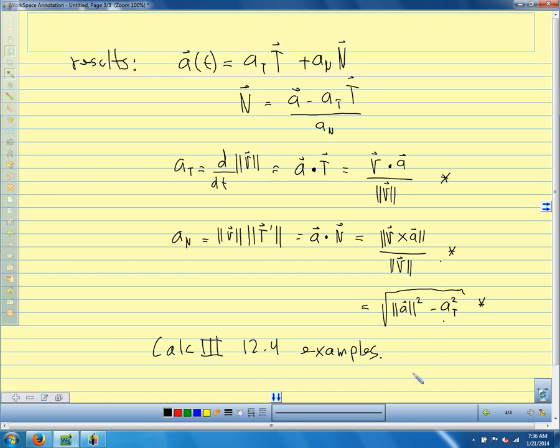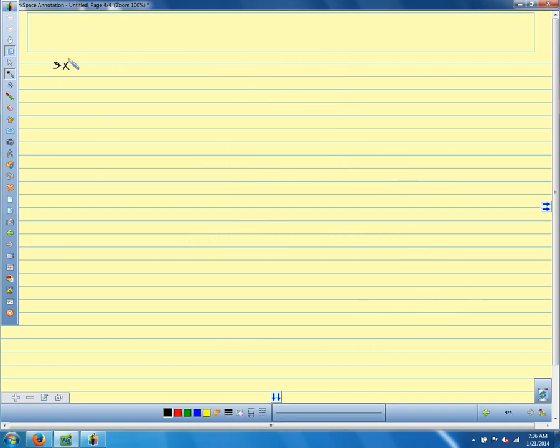All right, so let's start through an example. We'll start with a nice, not very complicated curve in the plane, r of t equals t squared i plus 2t j.